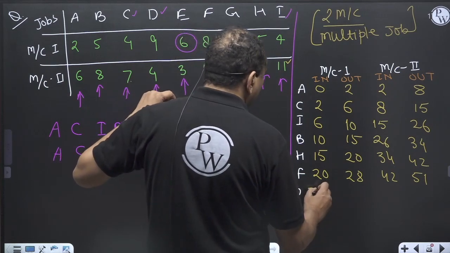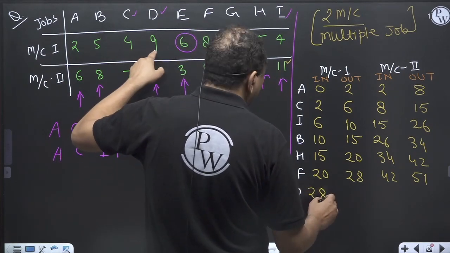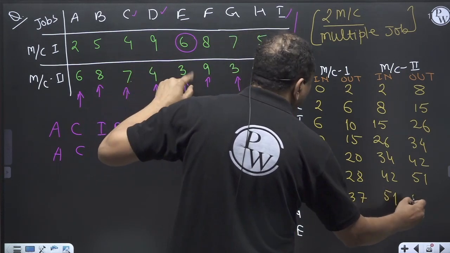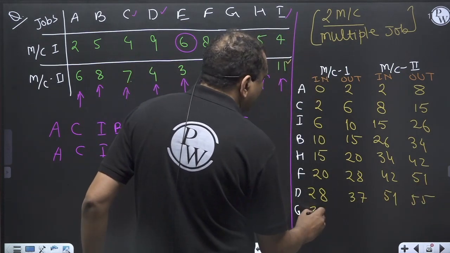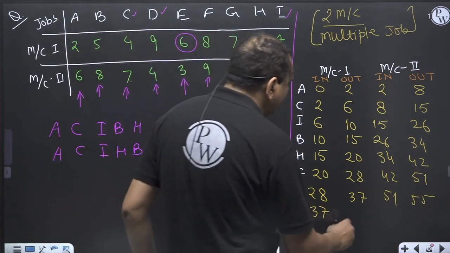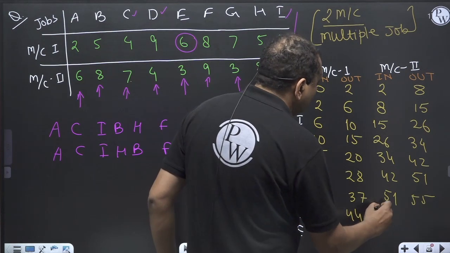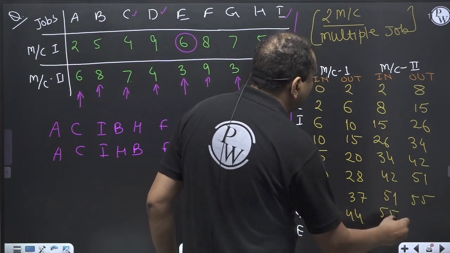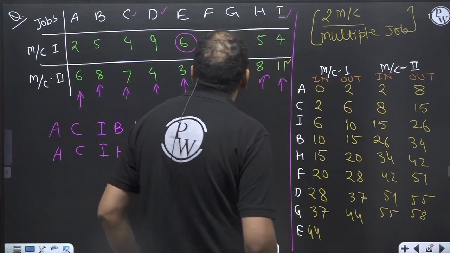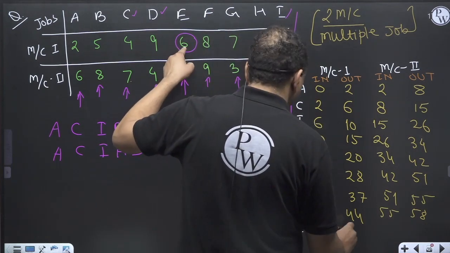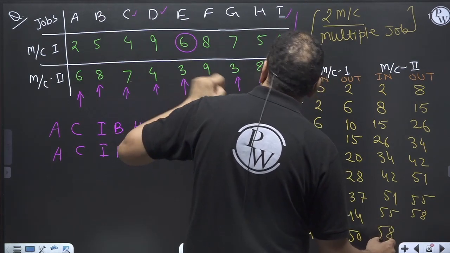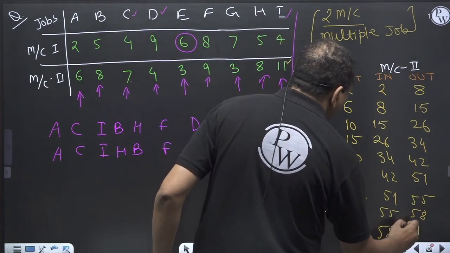D consumes 9 minutes, 37, 51, 55. G consumes 7 minutes, 55, 3, 44. E 6, 50, 58, and 3, 61.